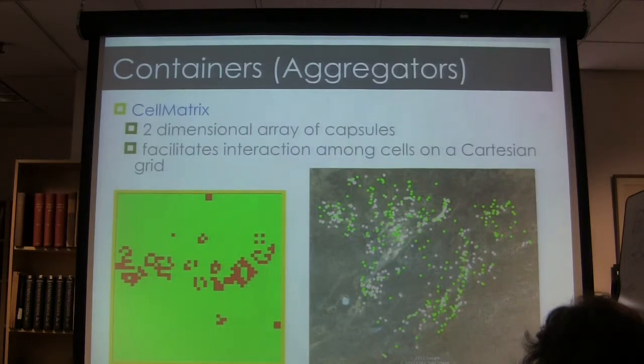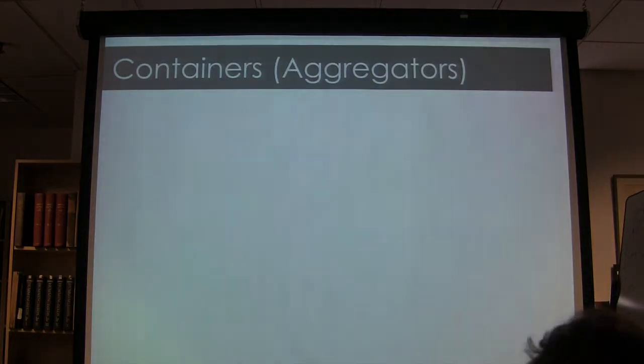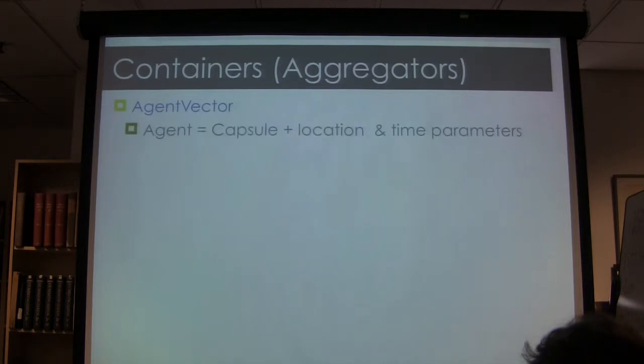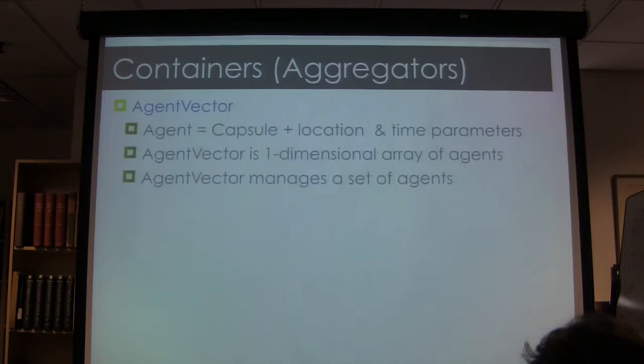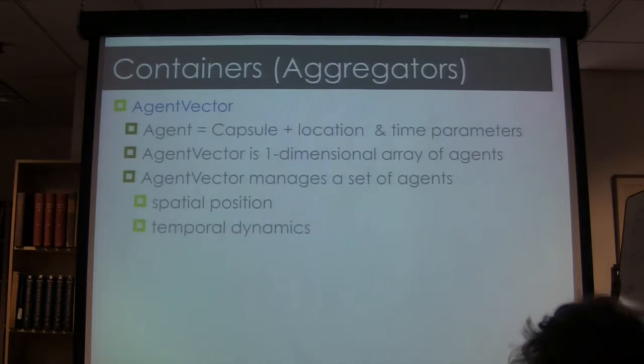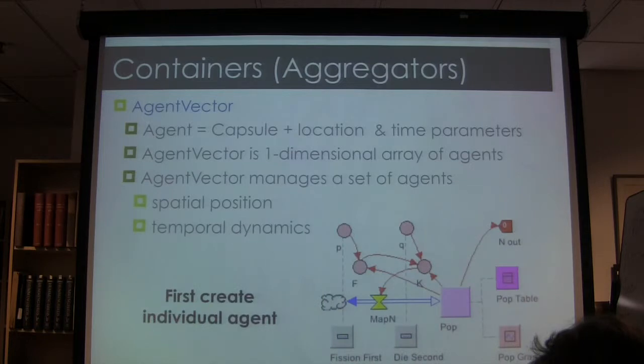One way of containing all this is to develop what are called aggregators. One is to organize cells into a cell matrix. The other is to organize agents into an agent vector. An agent vector specifies how the capsule works dynamically, what its location is in space, and where it is in time, so you can look at its spatial position and its temporal dynamics.